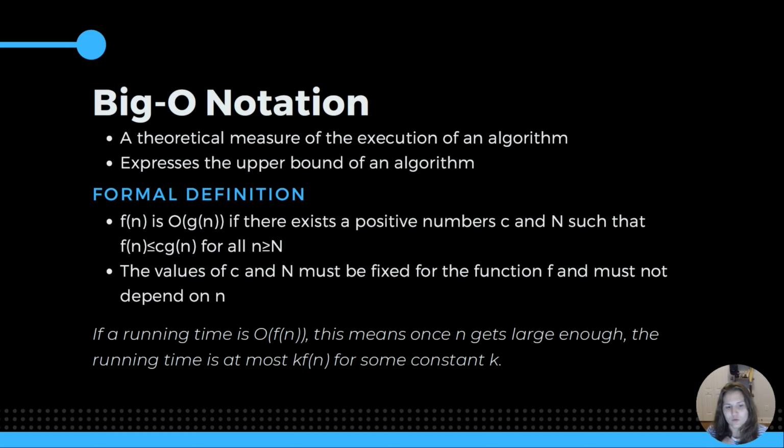So in Big O notation, we're using the size of the input, which we're calling n. So we can say things like the function grows in the order of the size of the input, which makes it linear growth, or it grows in the order of the square of the input, which would be n squared.